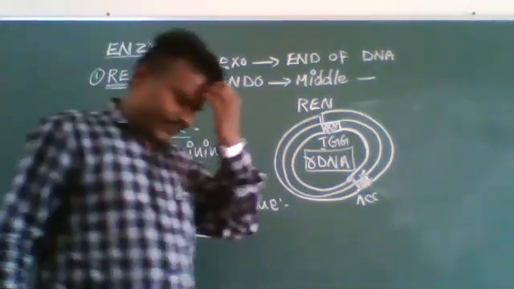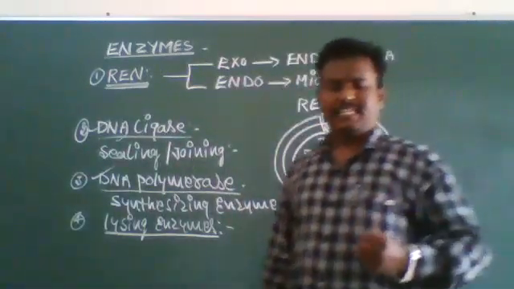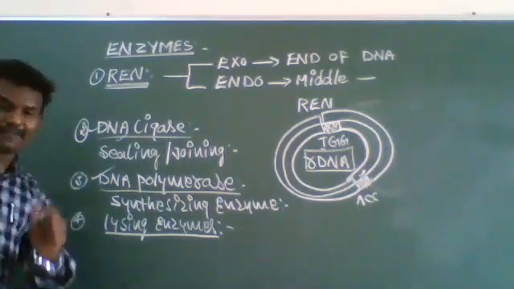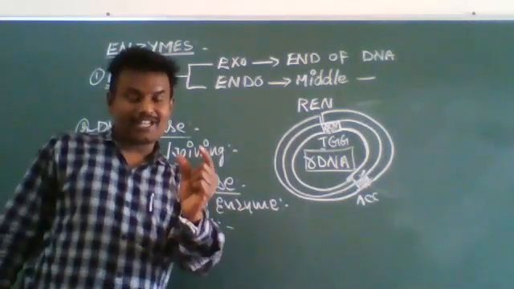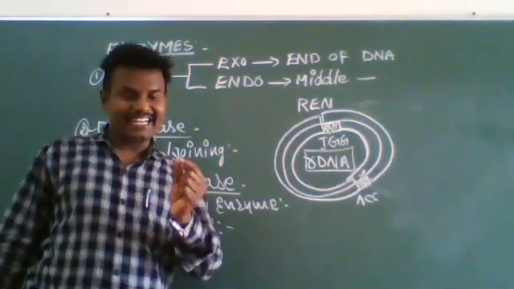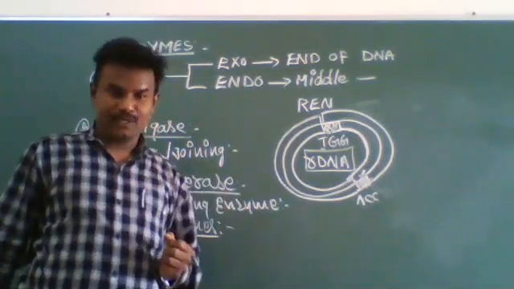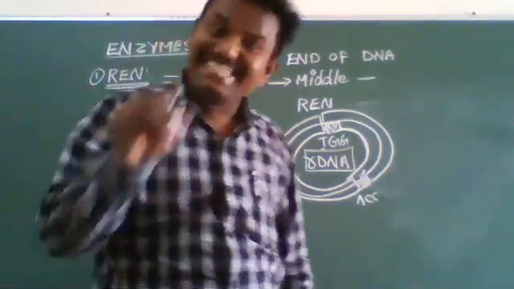Lysing enzymes. The word itself gives the meaning: lysis is nothing but splitting. There are some enzymes that can cut the cell wall to get the DNA. Those enzymes are called lysing enzymes.